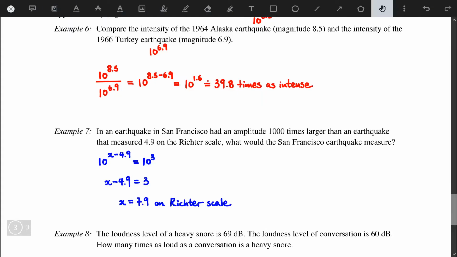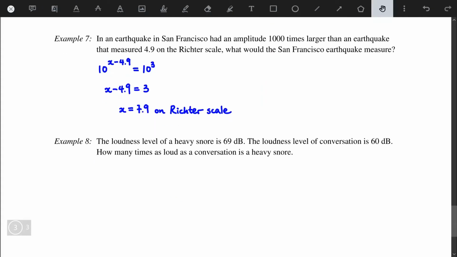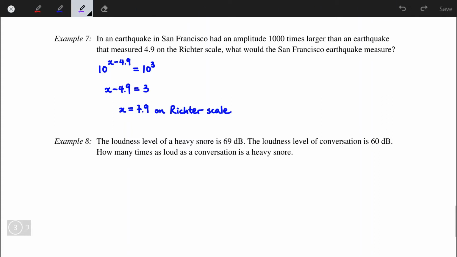One more. Example number 8. The loudness level of a heavy snore is 69 decibels. The loudness level of a conversation is 60 decibels. How many times as loud is one compared to the other? So the difference is 9 decibels.